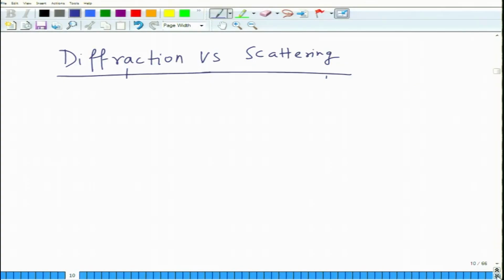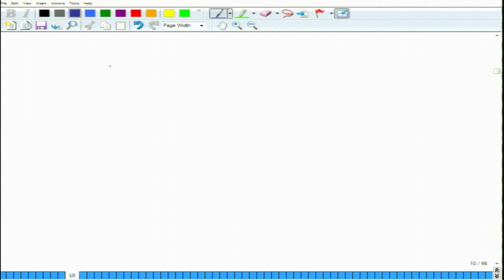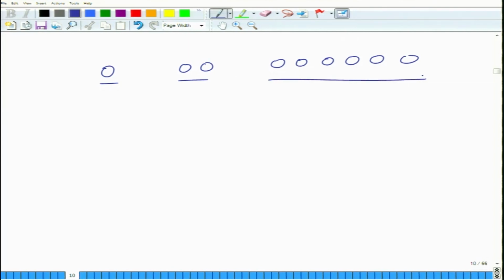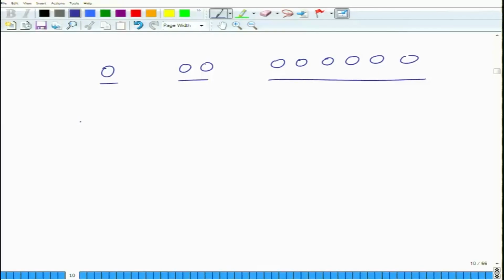So, if you want to talk about the number of slits that you can have in the system, you can have one slit, you can have two atoms, you can have multiple number of atoms, and this is basically changing the number of slits. When you change the number of atoms in a material, the diffraction effects become stronger.